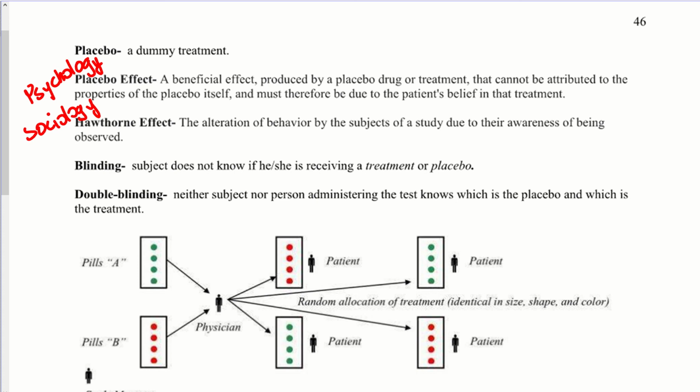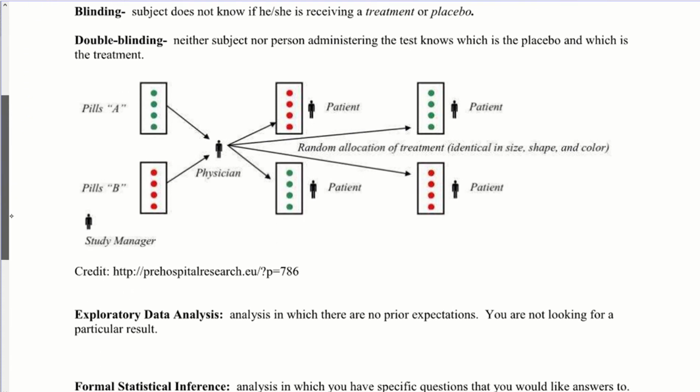Blinding: the subject does not know if he or she is receiving a treatment or a placebo. That's an important one, because if I'm getting a placebo related to, let's say, pain medication or antidepressants and stuff like that, if I know that I'm getting the placebo, well, that could skew the whole study. Right?